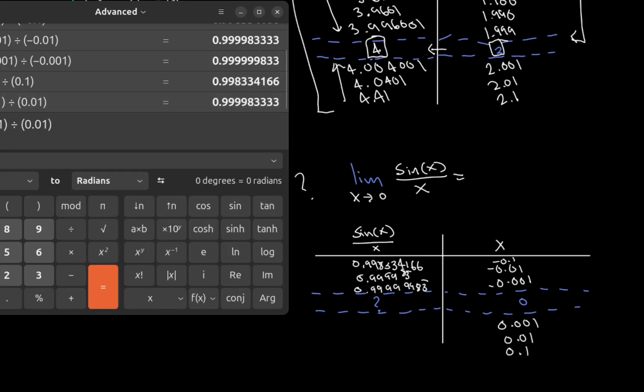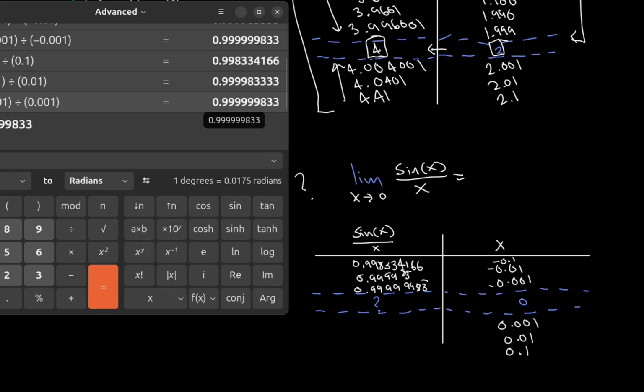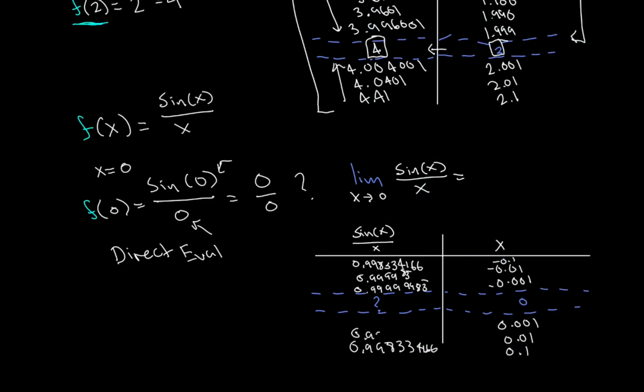And if we add more zeros, we get 0.999999833, right? And as you can notice, these are the same exact values as the ones up here. So if we ask ourselves what value we would put in here, we would say 1, because from both sides we see that it's approaching 1.